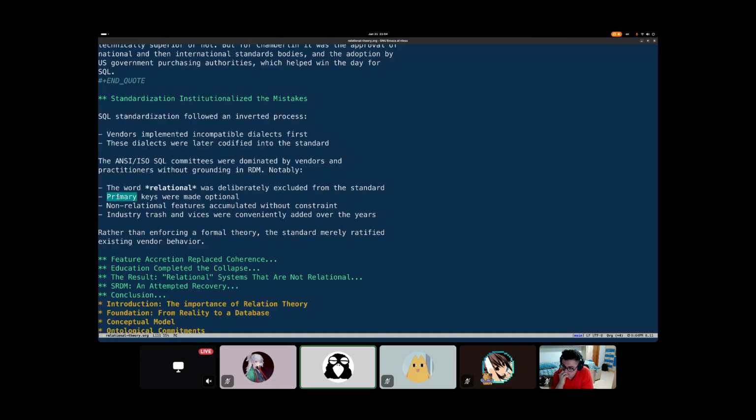Primary keys were made optional. Nulls were institutionalized. By the way, non-relational features accumulated without constraint. Nulls is one of them, but there are many others, right? Like for example, the fact that you can produce duplicates, like non-unique rows, is one of them.